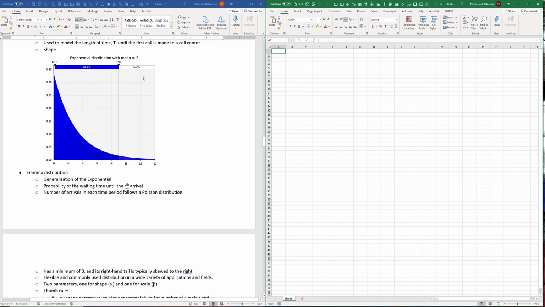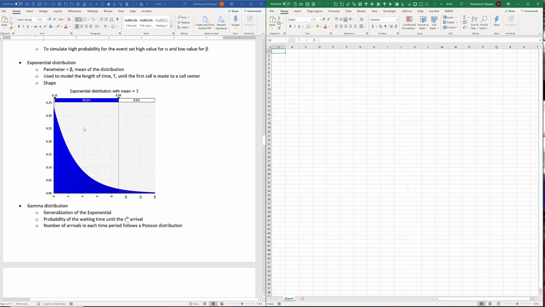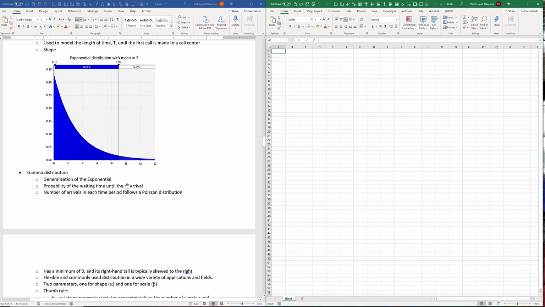The gamma distribution is a generalization of the exponential distribution. Not that exponential is a generalization; exponential is a special case of gamma. Here, exponential is about the next success, the next arrival of an event, whereas gamma is the waiting time for the rth arrival. So you specify, I want to look at the 5th arrival, the 5th failure or 5th breakdown, or whatever the number may be.